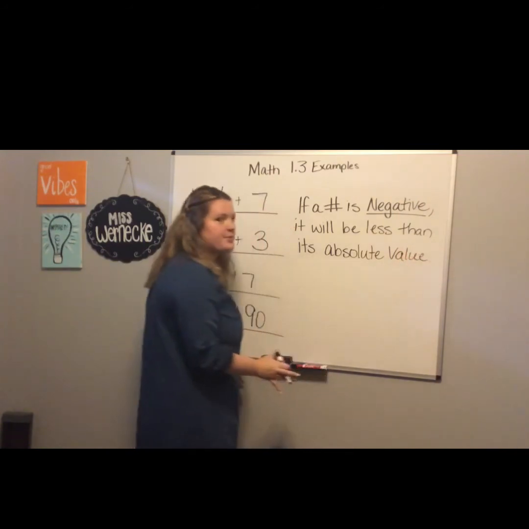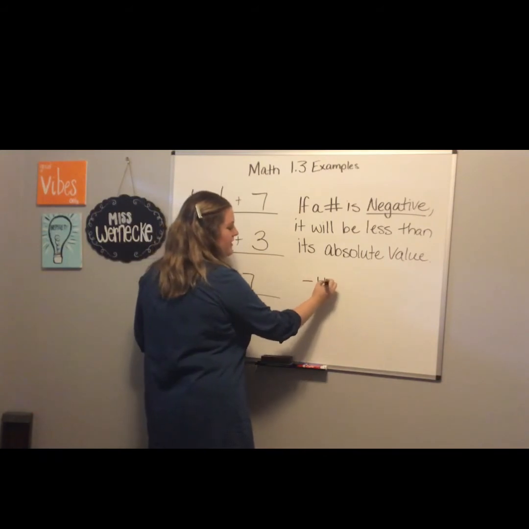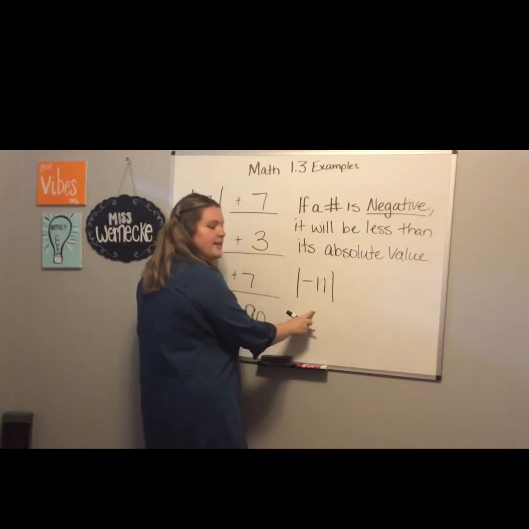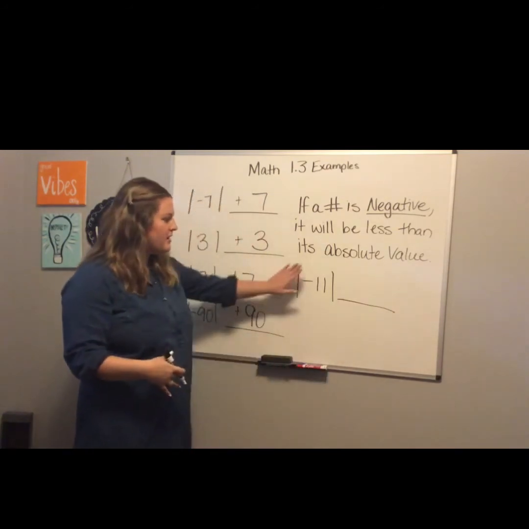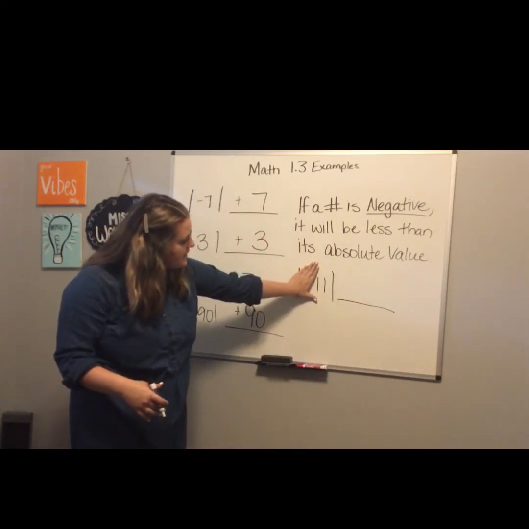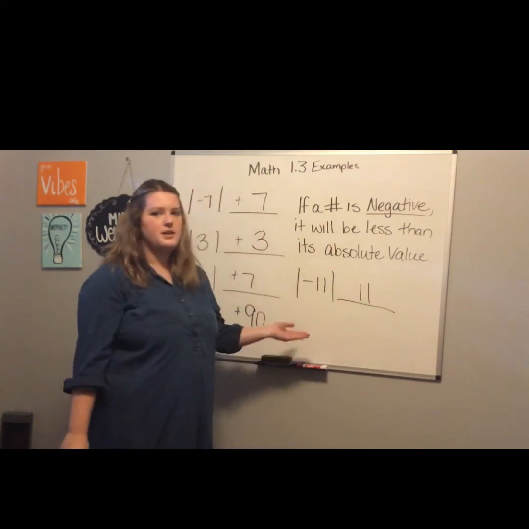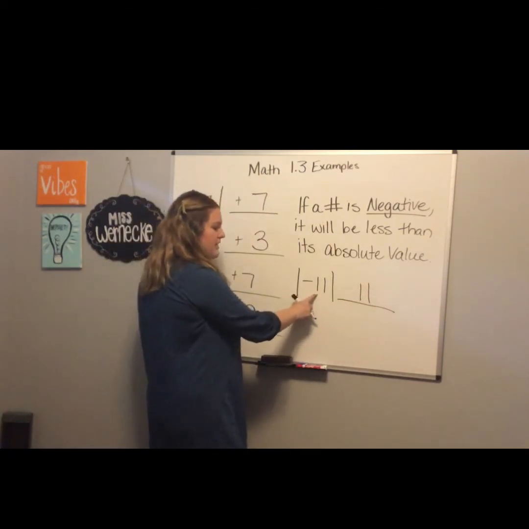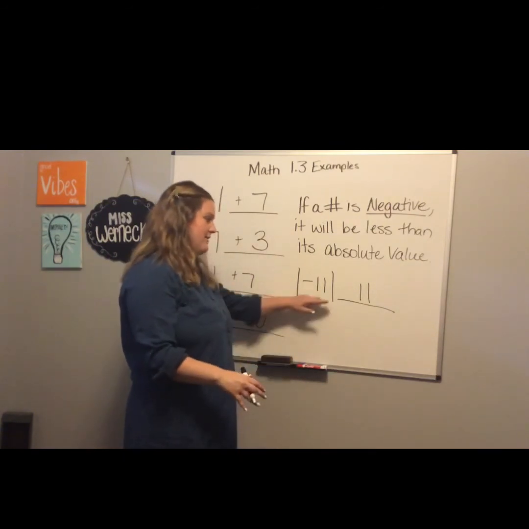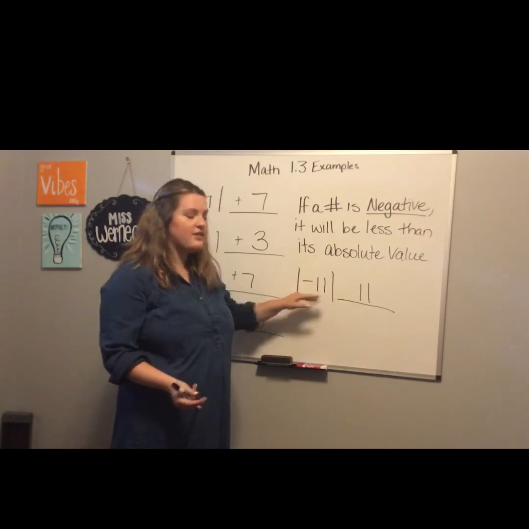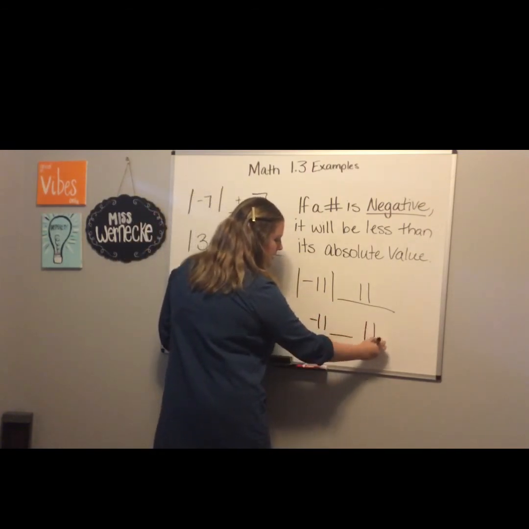And let's do an example so you kind of understand it a little bit better. So if I have a negative 11, its absolute value is going to be what? I'll give you a second to think about it. Look at the number, cover up the sign, whatever the number is, you write the number, and it's positive. So, is the actual value, not the absolute value, just the value of negative 11, is negative 11 greater than or less than positive 11?